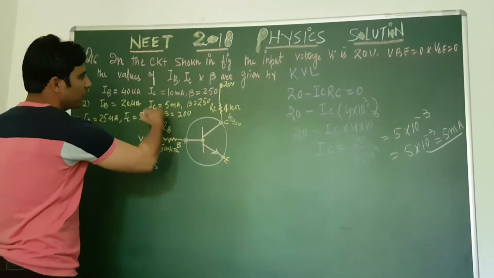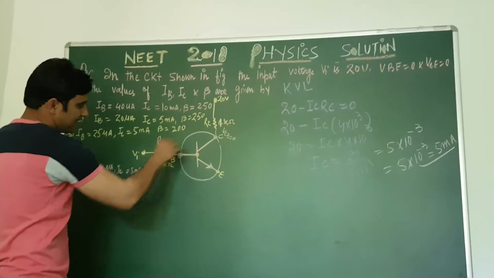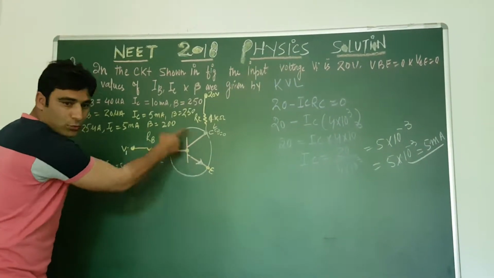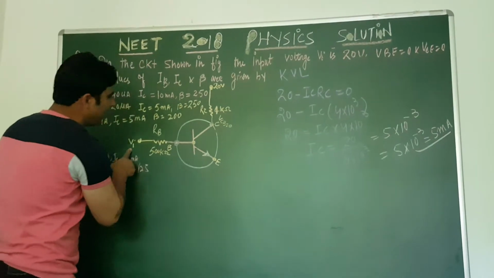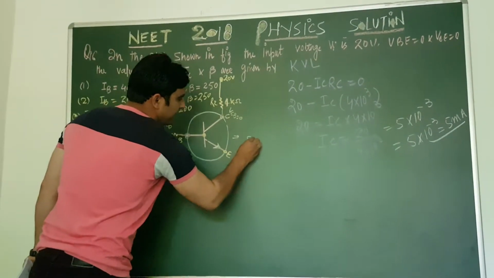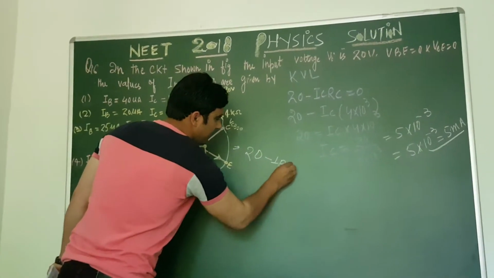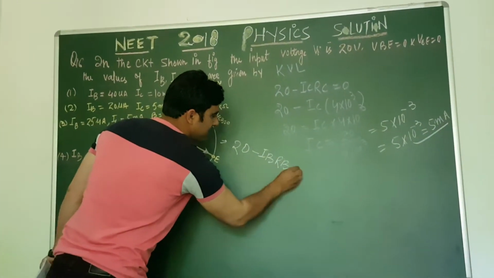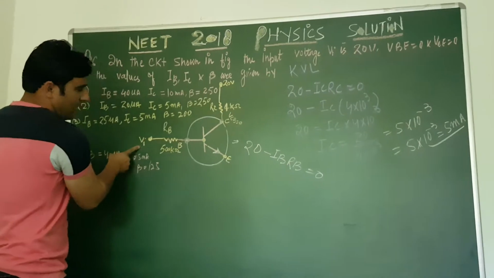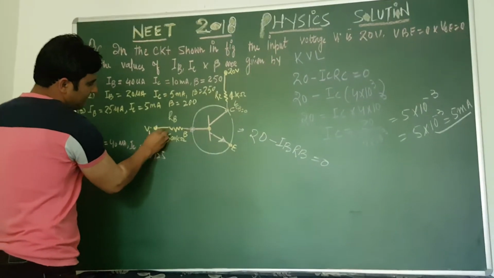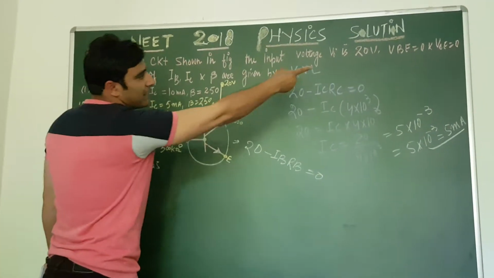If you see, we can calculate in the same manner, in the same pattern. If we apply KVL to this side, it will become VI, and VI is 20. So 20 minus IBRB is equal to 0, because VI minus IBRB is equivalent to 0.